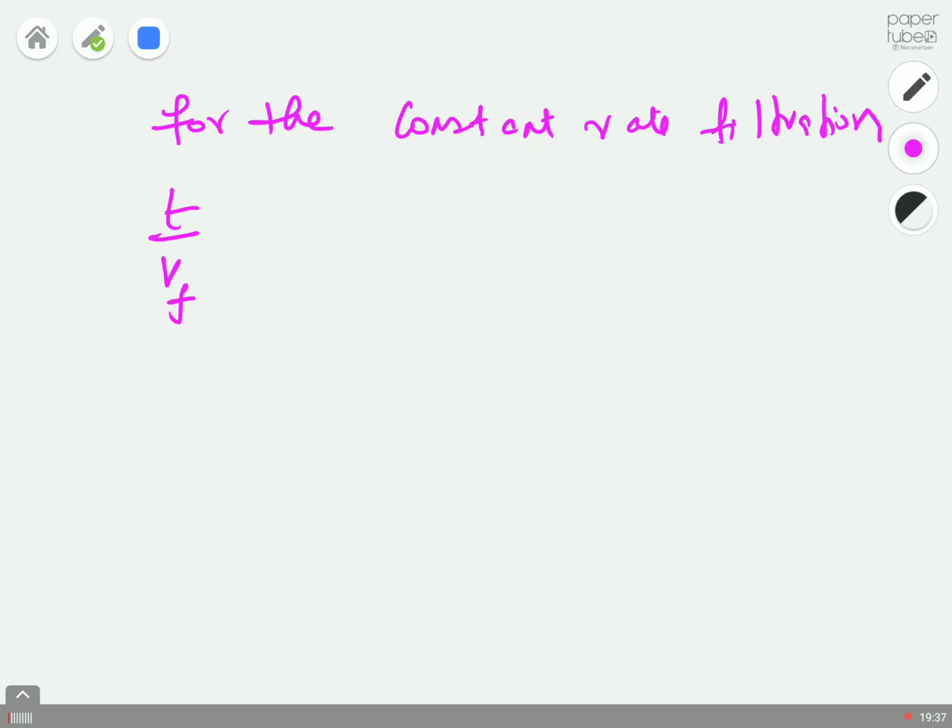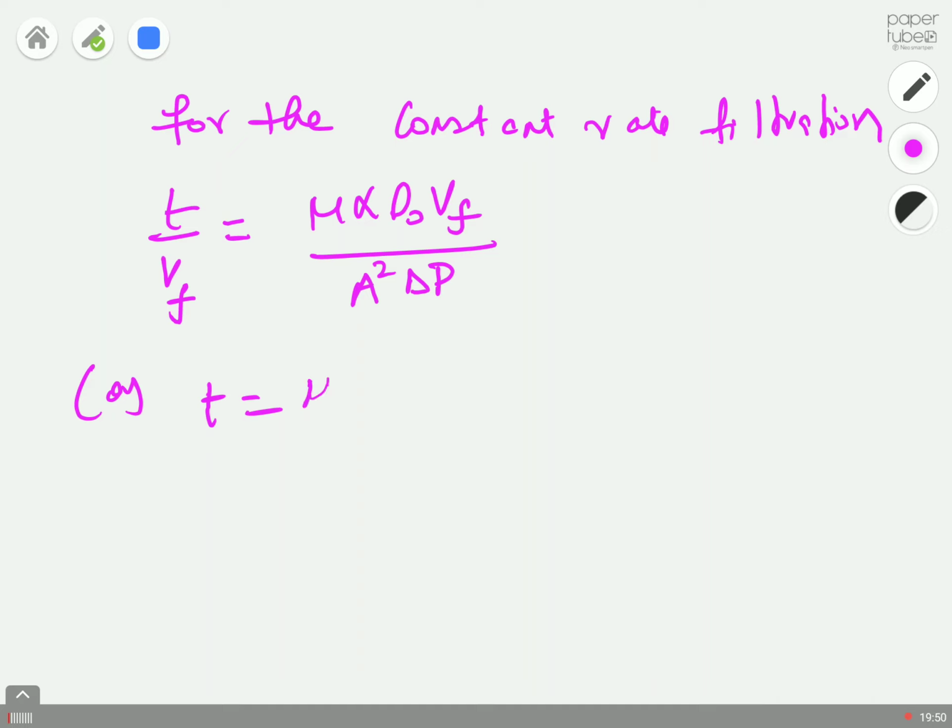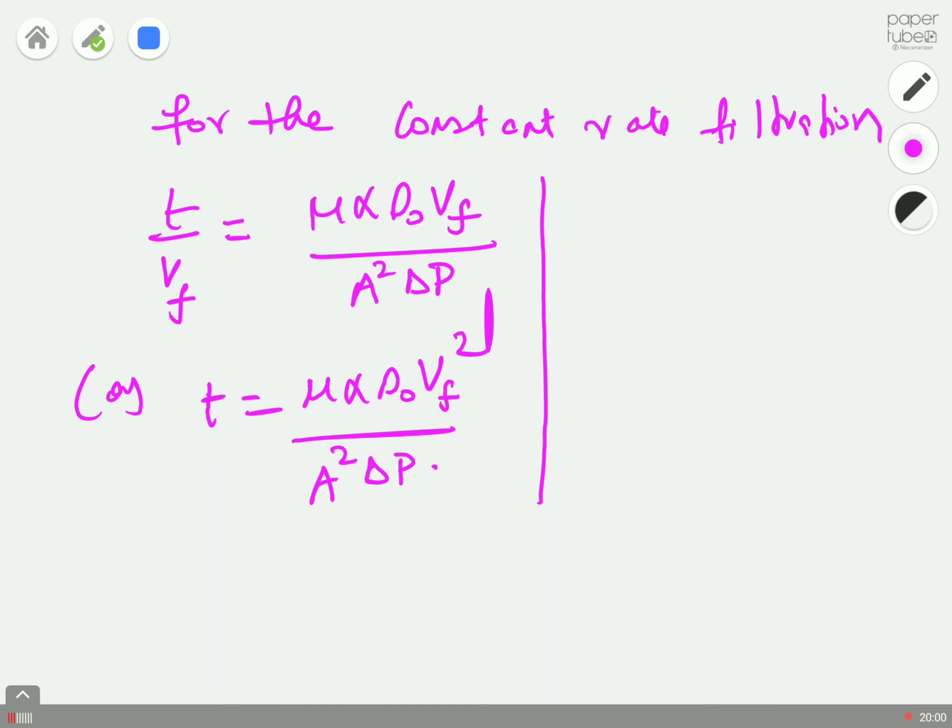t/Vf is equal to mu alpha rho 0 Vf divided by a square delta p, or t is equal to mu alpha rho 0 Vf square divided by a square delta p. So this is for constant rate filtration.